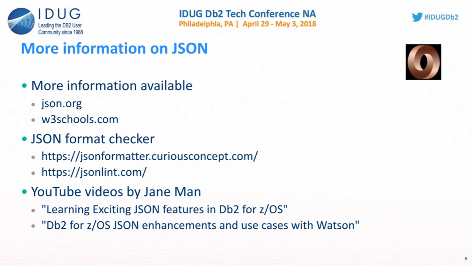And it's really good to have one of these format checkers available to you. If DB2 gives you an error, you can copy this into the formatter, and the formatter will tell you specifically what the issue is. There's also a couple of YouTube videos by Jane Nan, an IBM associate, and they're both good for understanding what DB2's got available for JSON and where it's at.